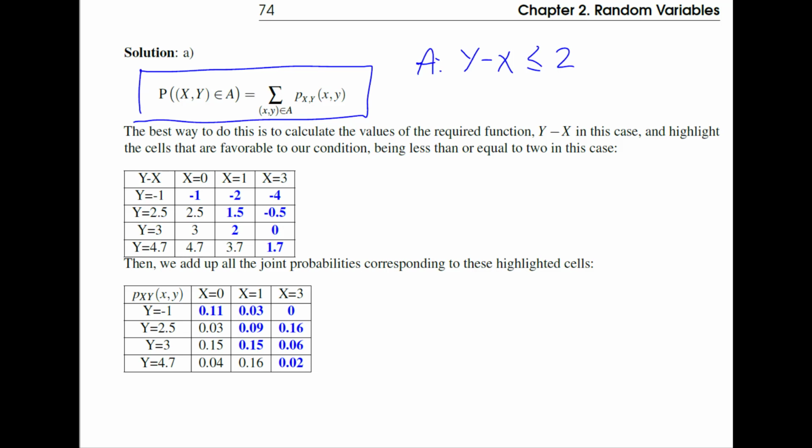Here, this first table is kind of an xy scatter plot, if you will, if this is your y-axis and this is your x-axis. It turns out that the area where this statement is true corresponds to this upper triangle right here.